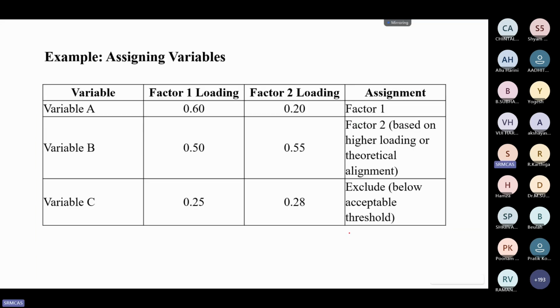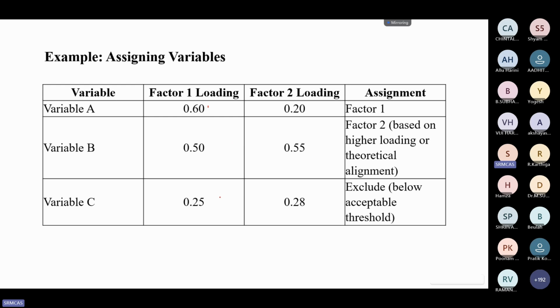For example, here for variable a, b, c, the factor loading for factor 1 is 0.6 and 0.6 here too. Then more or less they are similar, so based on the theoretical expectation, we can assign the variables to the respective factors.